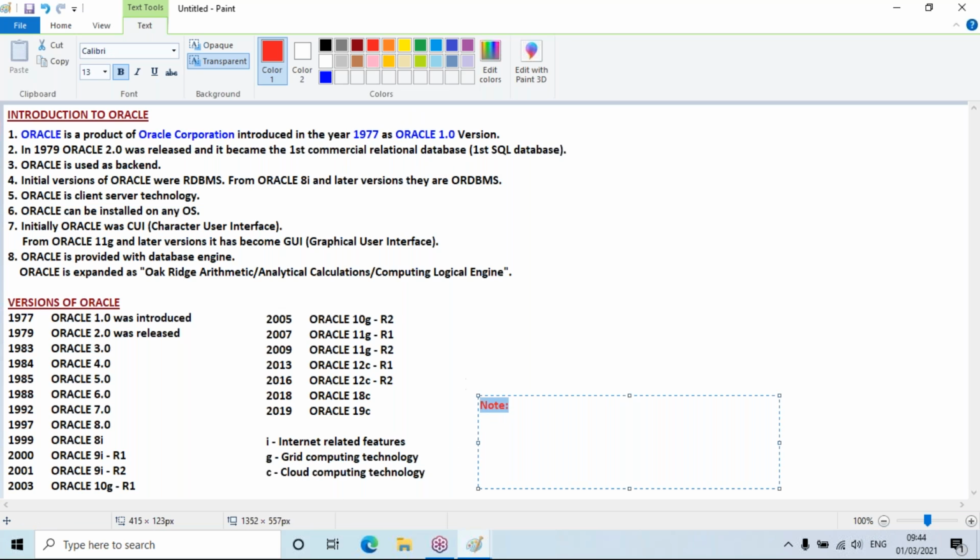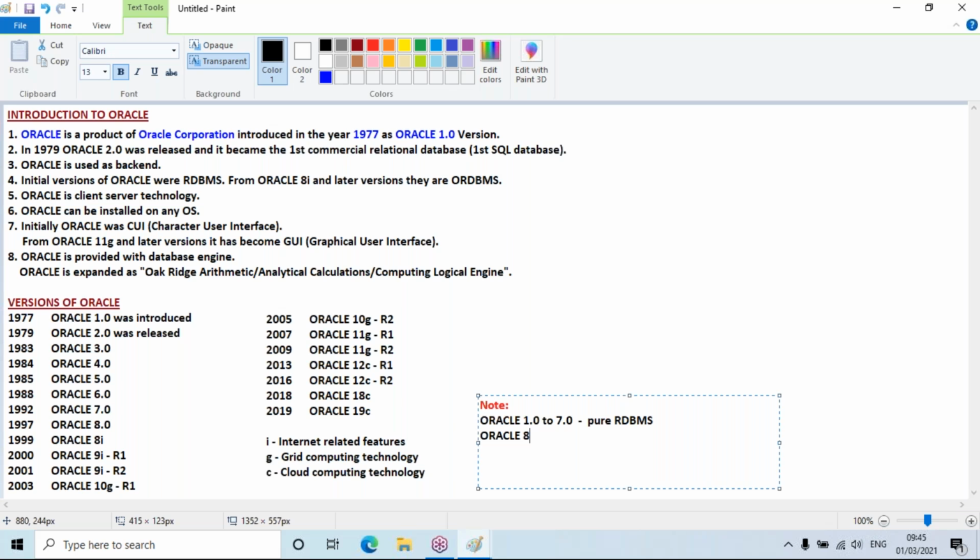And one more interesting thing is, especially in all these versions of Oracle, remember Oracle 1.0 to 7.0, they all come under the category of pure RDBMS.